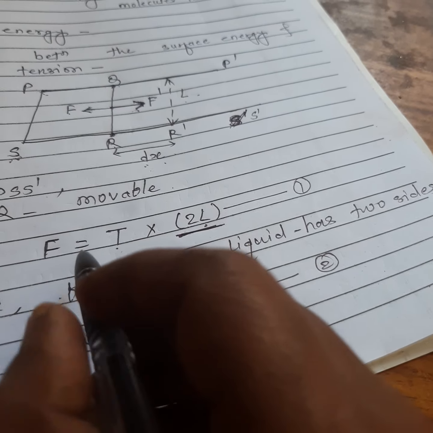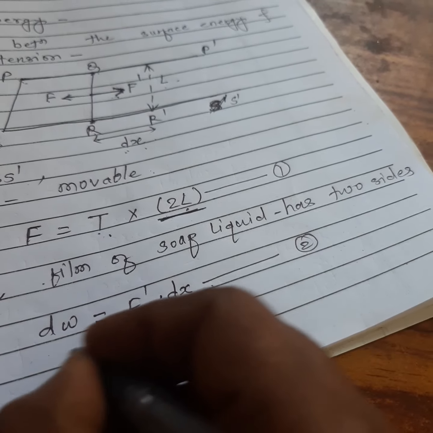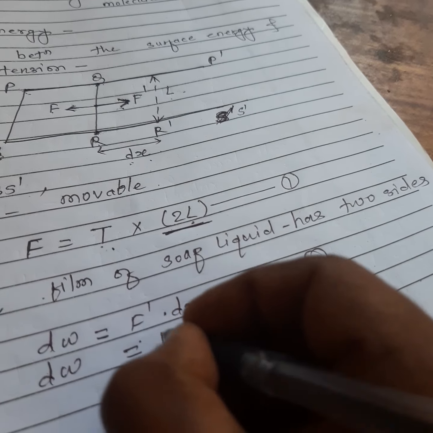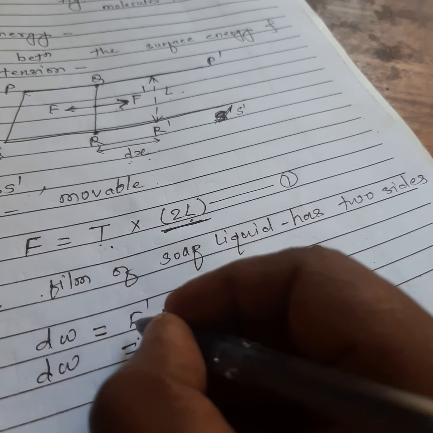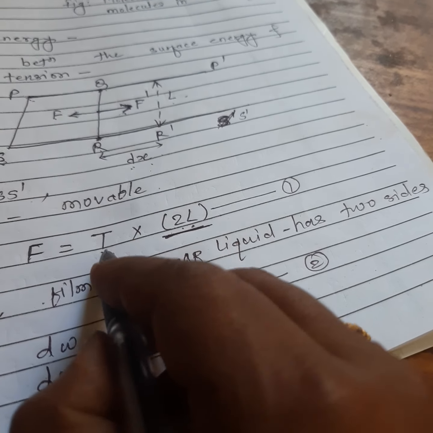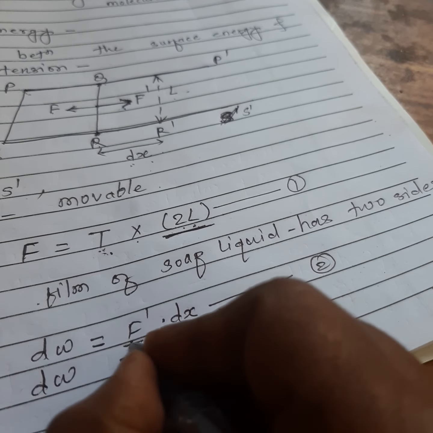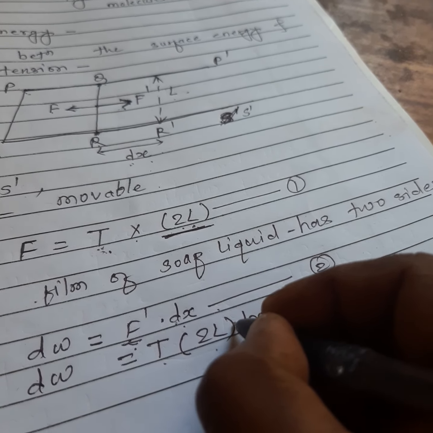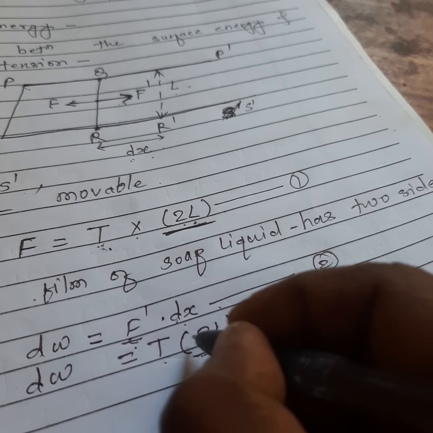By using equation 1 in equation 2 we get dW is equal to T into F dash, means T into 2L into dx. Suppose we take this in a single bracket.